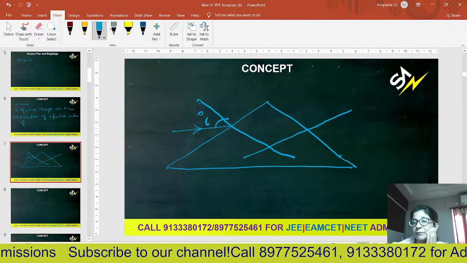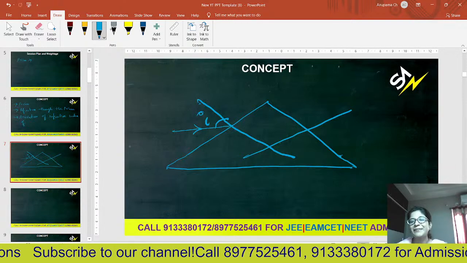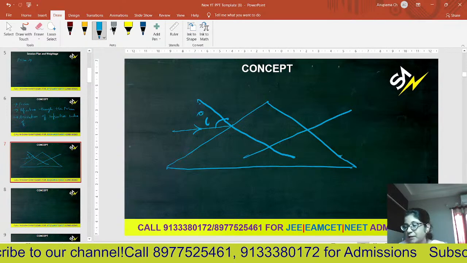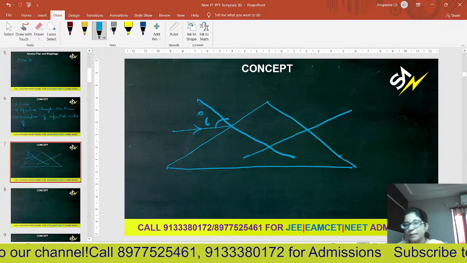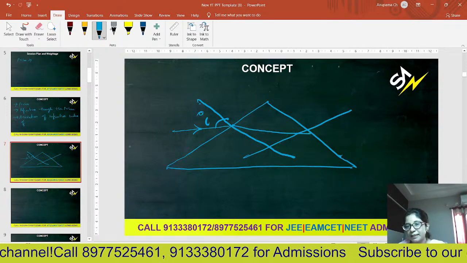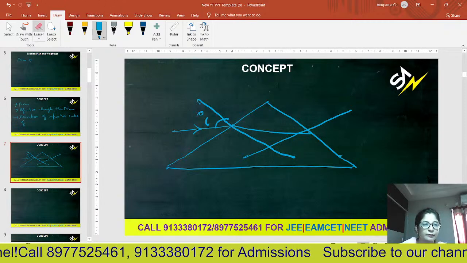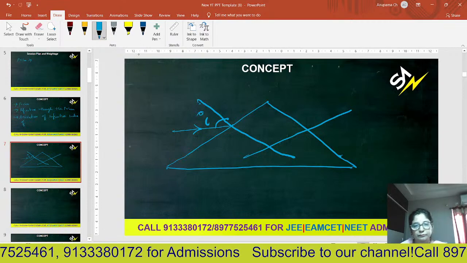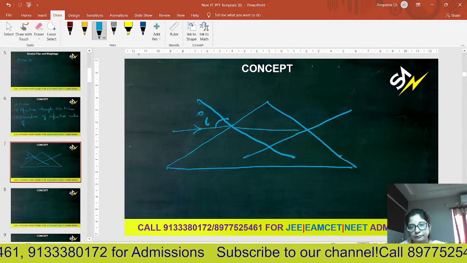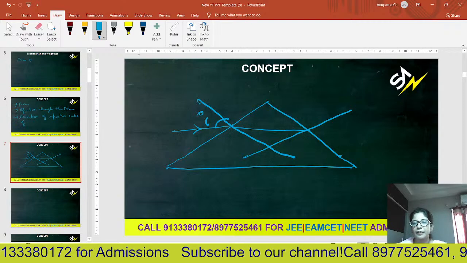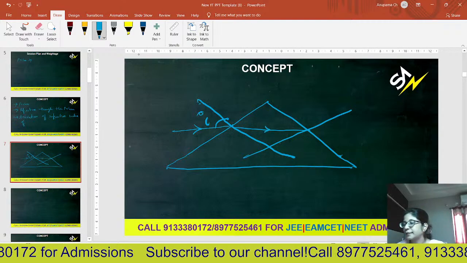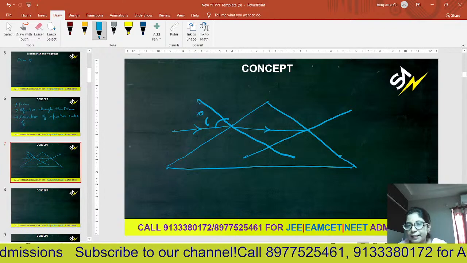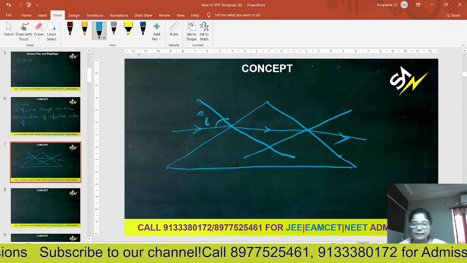Whenever a light ray travels from a rarer medium to a denser medium, it bends towards the normal and then falls on this surface. Then this light ray should come out, and whenever it comes out, it goes away from the normal like this.